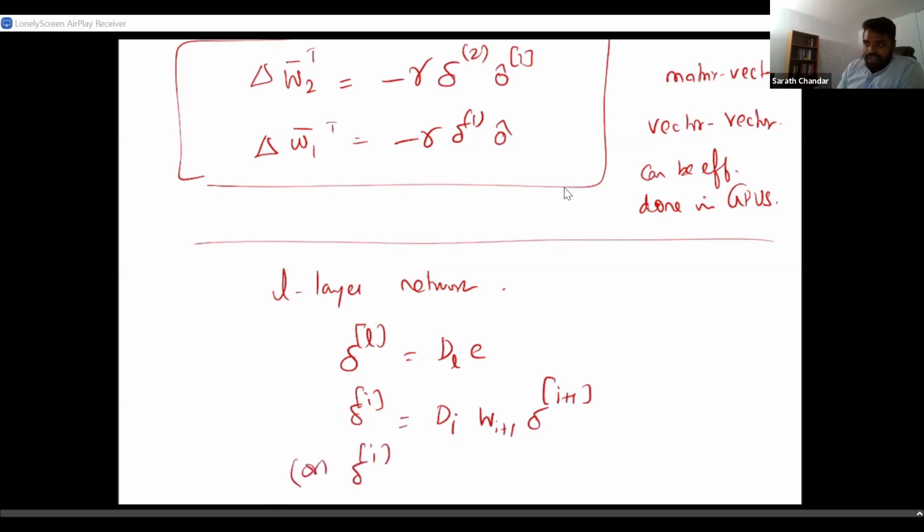Del i is given by D_i W_(i+1) all the way to W_(L-1) D_(L-1) W_L D_L e. I could just expand the whole thing. So you could generalize this equation to any number of layers as you want. Okay, I think that concludes our discussion on backpropagation.